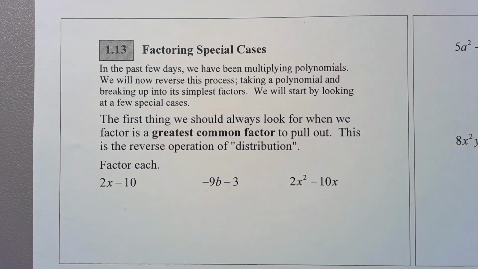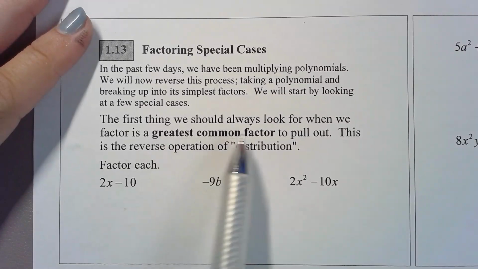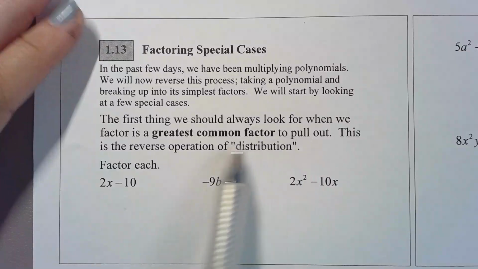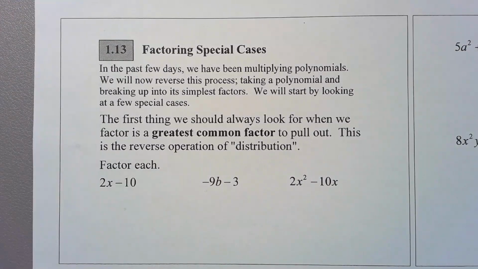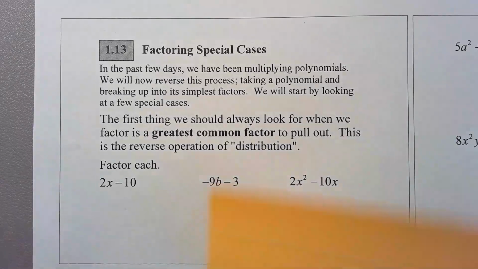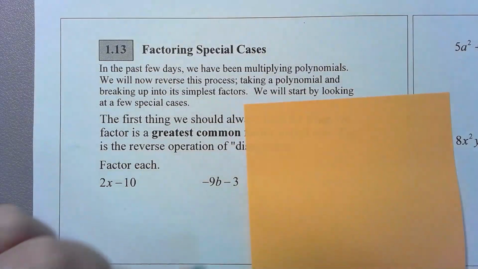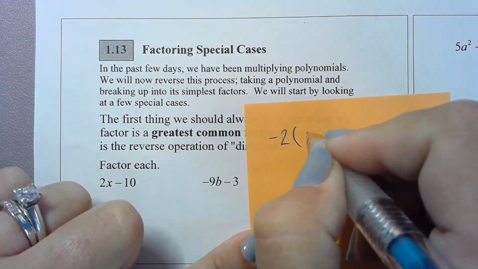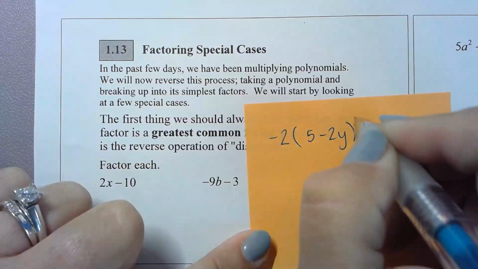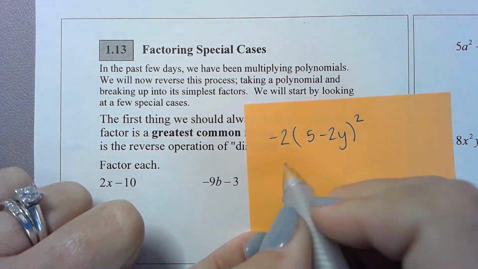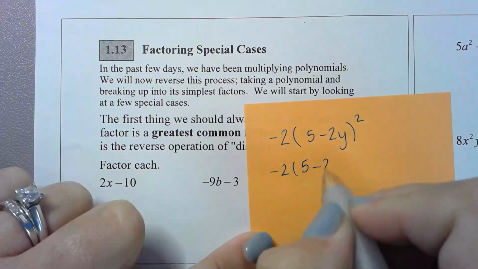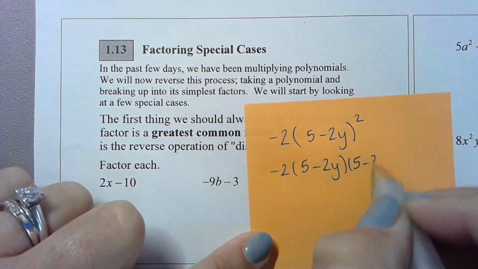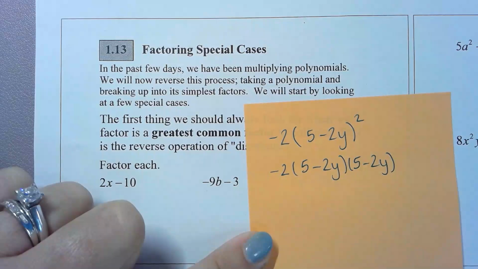So the first thing I always want us to look for when we factor is a greatest common factor to pull out. And this is going to be the reverse operation of distribution. So just to jog your memories, in lesson 1.12, and it's not going to be the exact same thing, I asked you to do something like this, which when we wrote it out, looked like this, right?